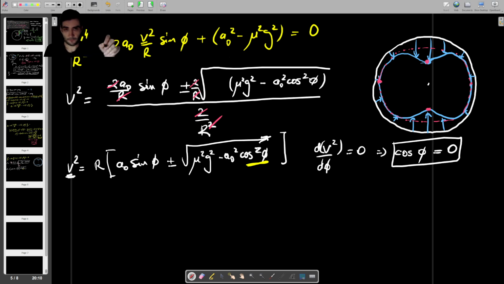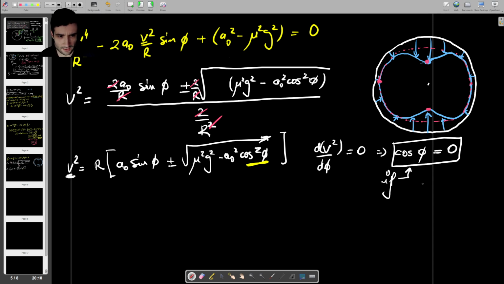So if cosine of phi is 0, then this will give us our answer. This will minimize the value of v, or the value of v squared.